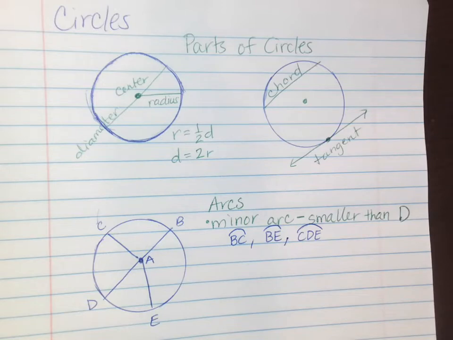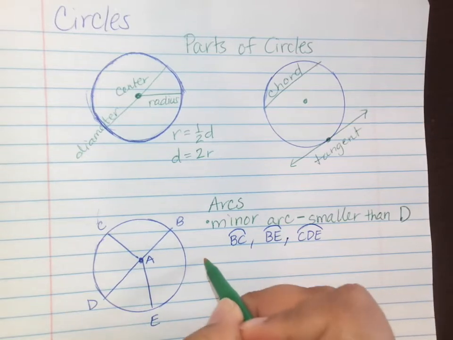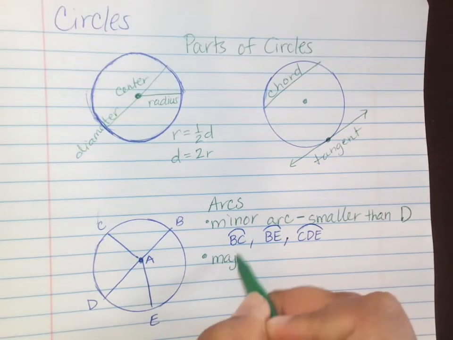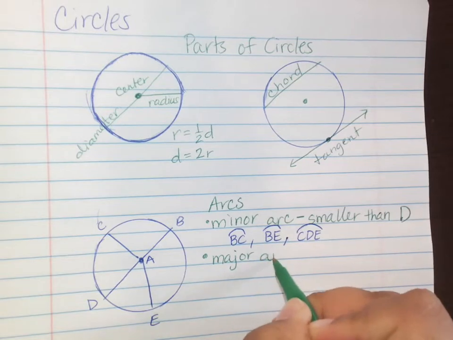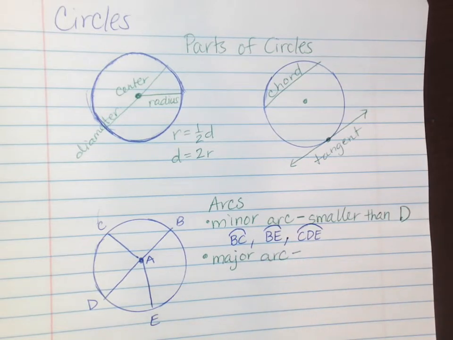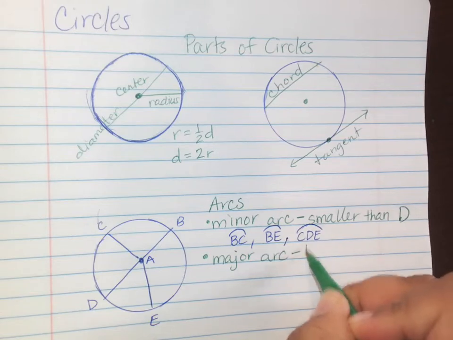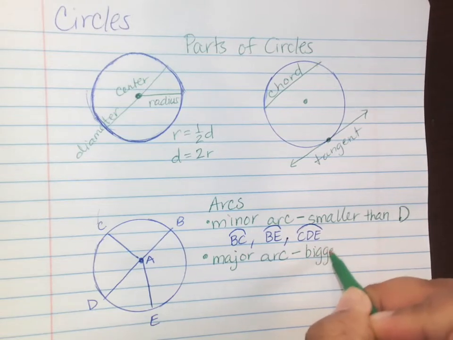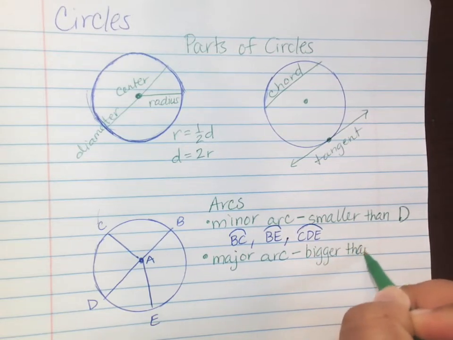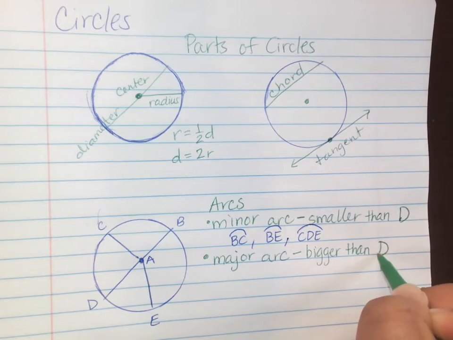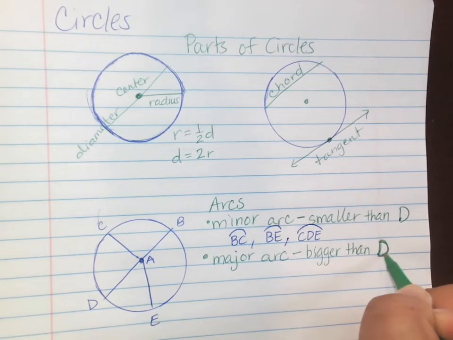Let's talk about major arcs. So if a minor arc is smaller than half a circle, then a major arc would be bigger than half a circle. I'm gonna draw this for half a circle.